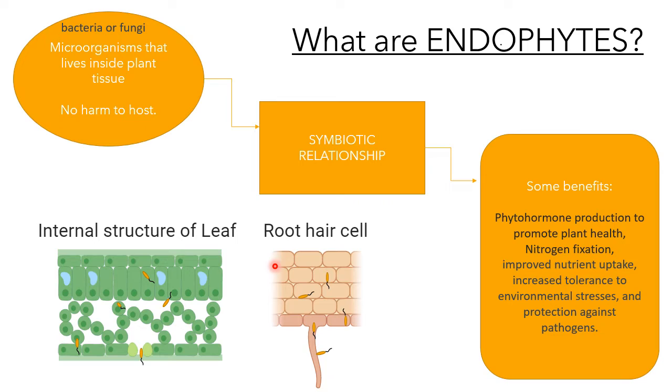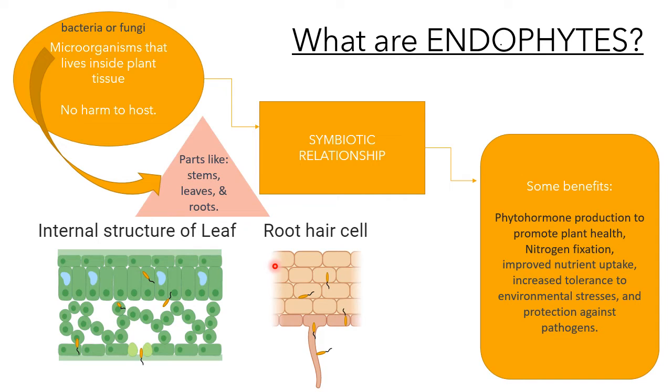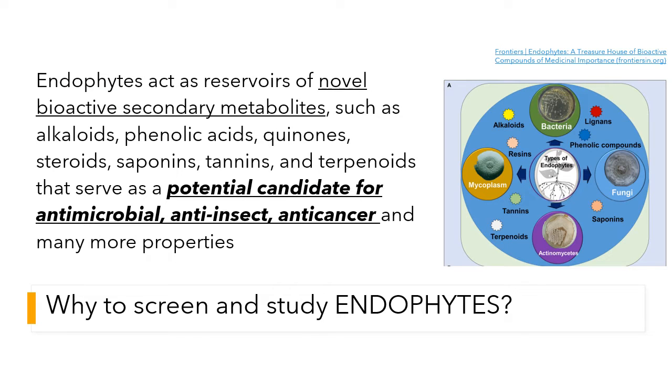Another video will be uploaded only on the selection criteria for the plants that you select for screening of endophytes. Both these videos will be coming soon. You can find these microorganisms in parts like stem, leaves and roots. Okay, these are the main parts that are most widely studied.